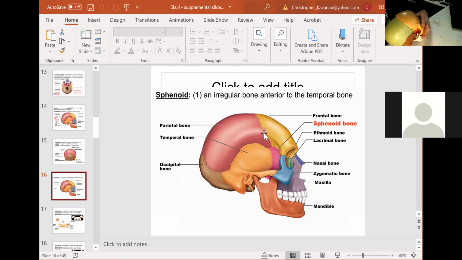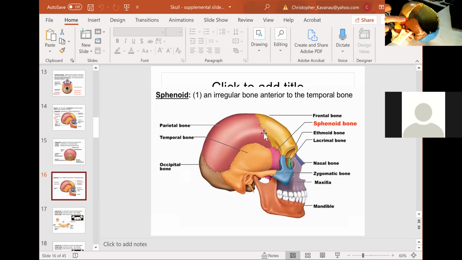From a decalvarated position, you can see it here. All the red in here is the sphenoid bone. See, it runs all the way across from one side of the skull to the opposite side. Okay. And so you can see those portions laterally here.